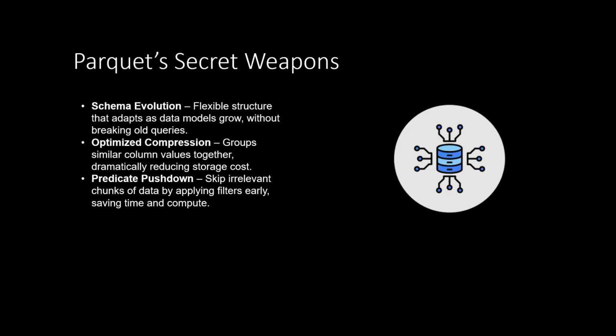It stores columns together, which will reduce your storage cost, which will reduce your querying cost. Predicate pushdown is another thing. It skips all the irrelevant chunks of data by applying filters early on at the time of compute. So, three things are the USPs of Parquet: schema evolution, optimized compression, and predicate pushdown.